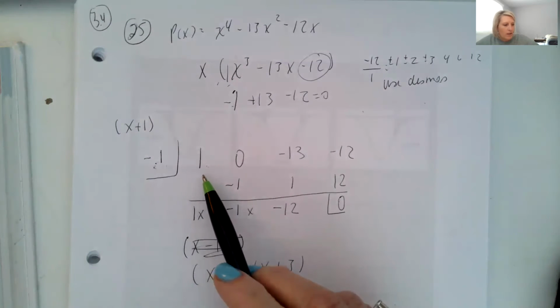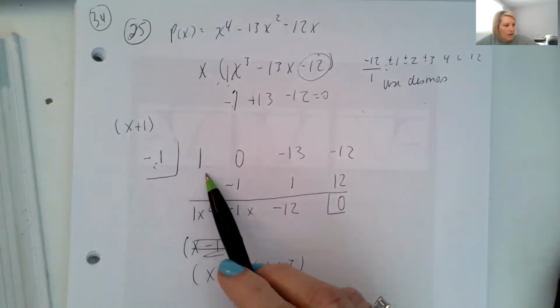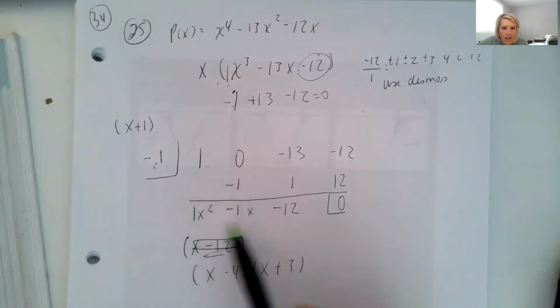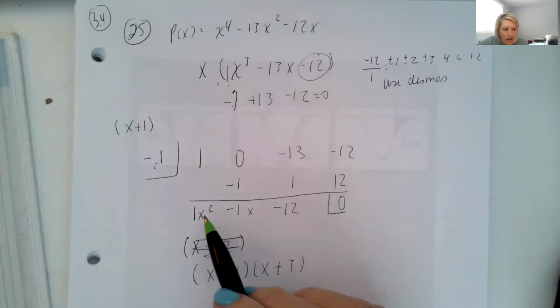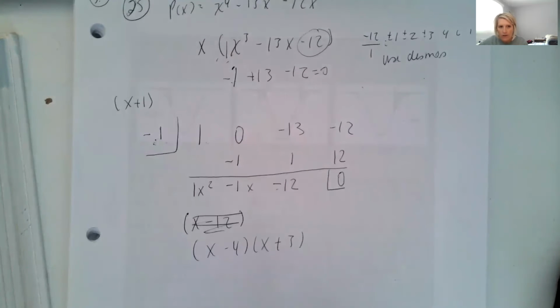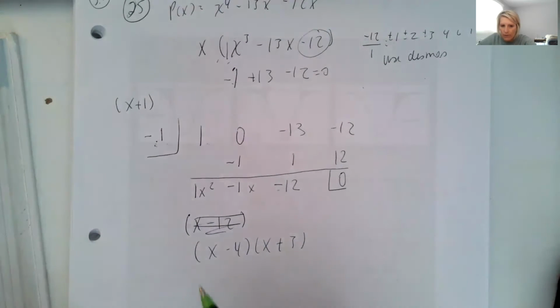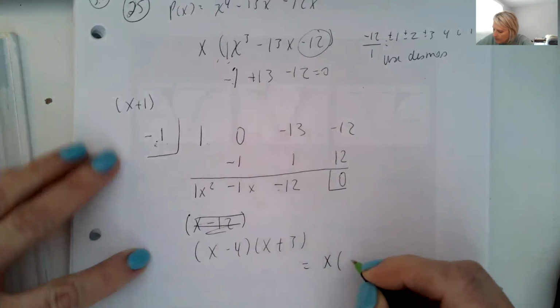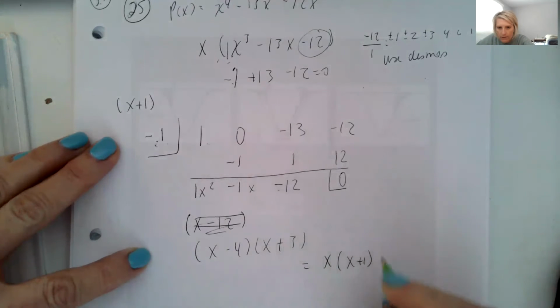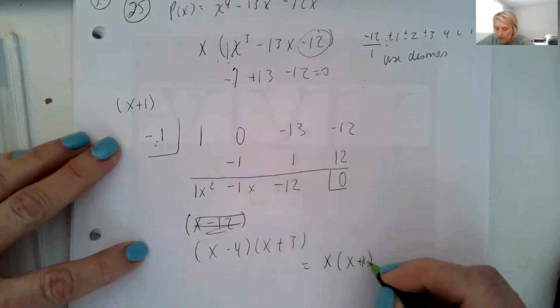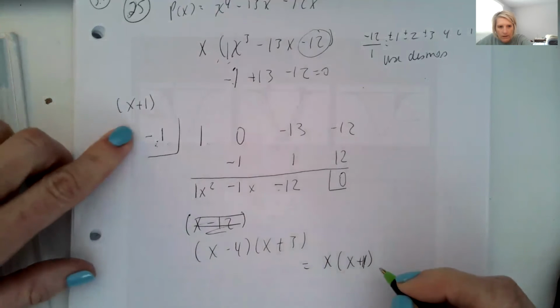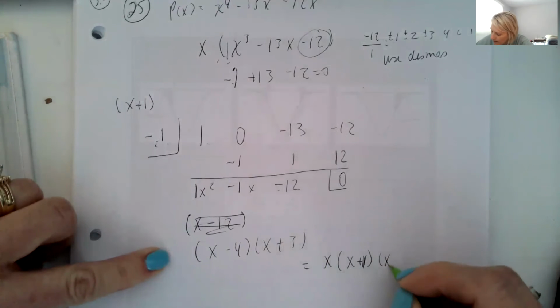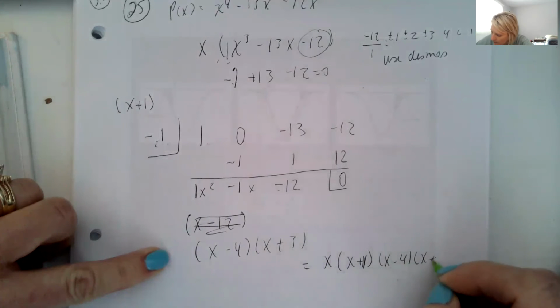And then when you do the synthetic division, you end up with a quadratic of x squared minus x minus 12, and that factors into x minus 4, x plus 3. So your final factoring is x times x plus 1 from the -1 zero that you had used in the synthetic division, and then x minus 4 and x plus 3.